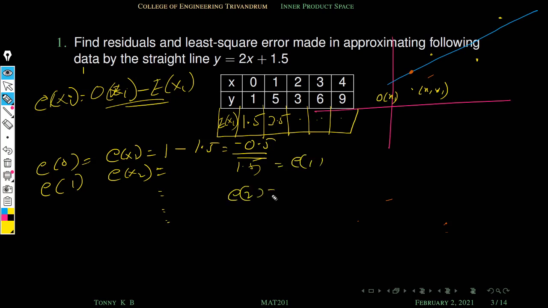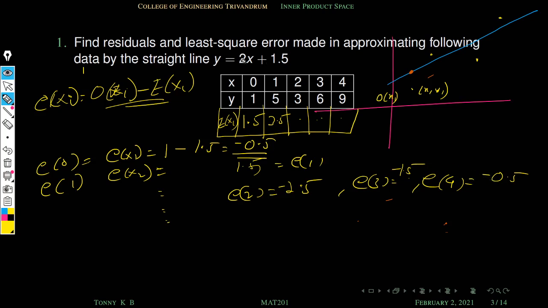And what is E of 2, E of 3 and E of 4? The last one is minus 0.5. So residuals are 0.5, 1.5, minus 2.5, minus 1.5 and minus 0.5.